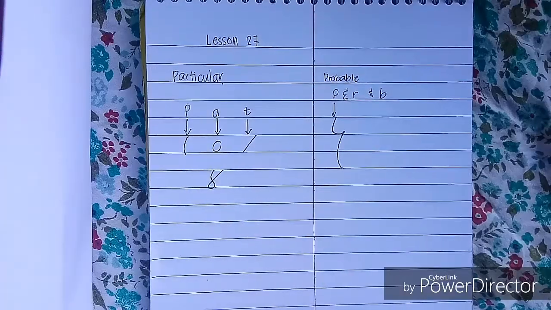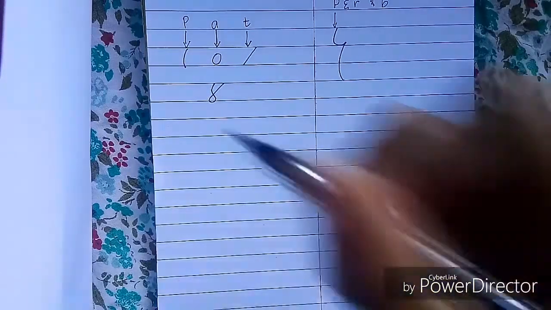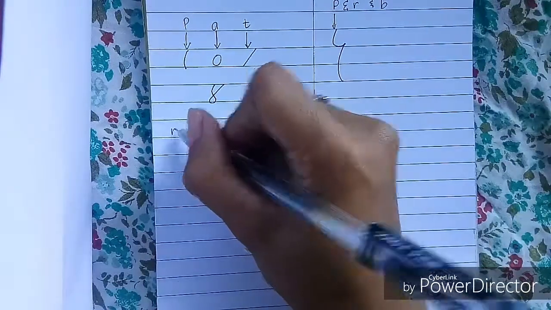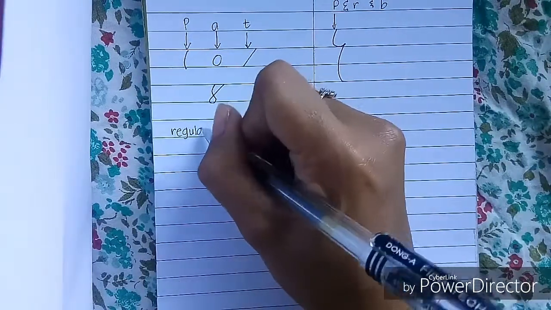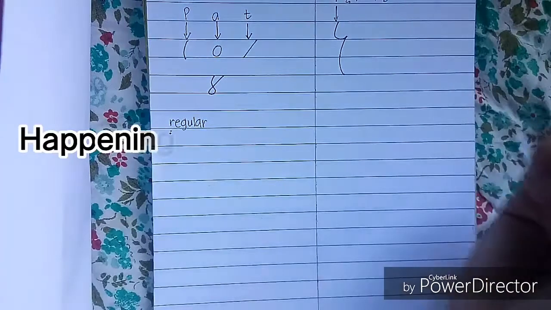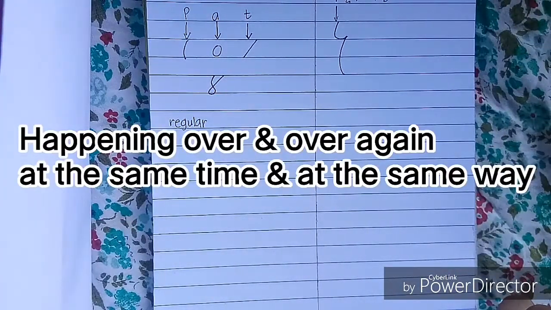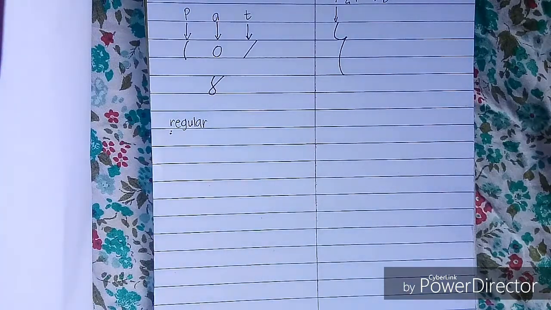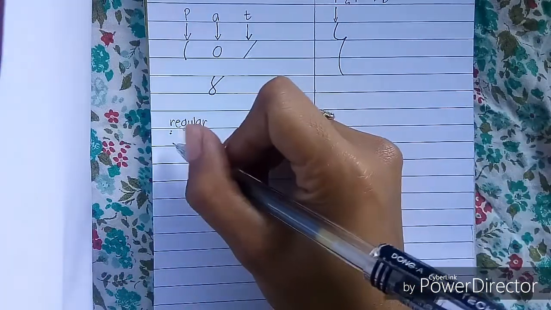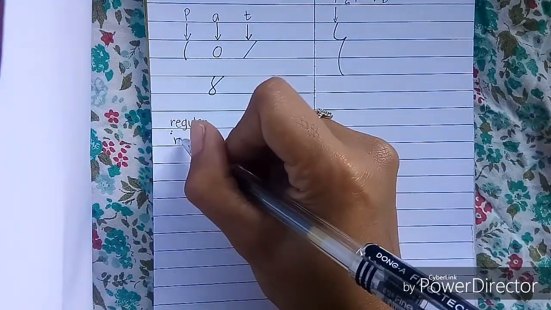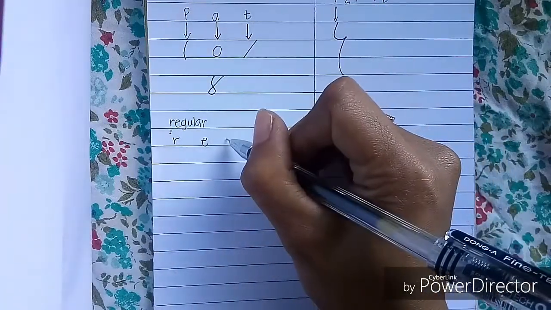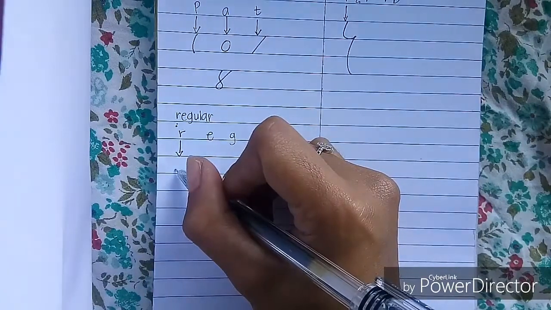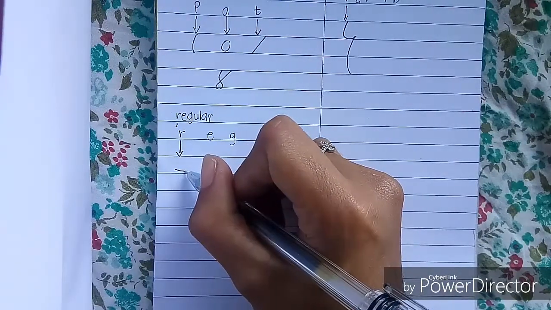Let us have another brief form. The other one is the word regular. Regular means happening over and over again at the same time or in the same way. In shorthand, the word regular is represented by R, E, and G. R is represented by a short forward chord.